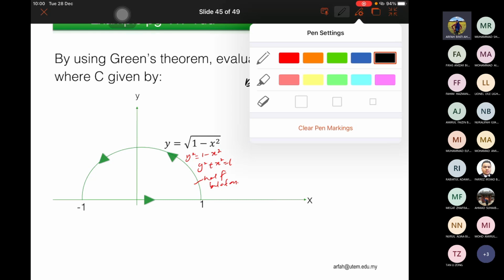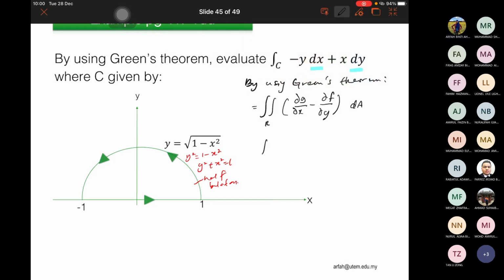So from here, awak punya F function sama dengan negative y. Okay. And G(x, y) awak adalah sama dengan x. So dapatkan delta F over delta Y and delta G over delta X. So tentukan dia punya region. Then kita nak masukkan dalam this one.